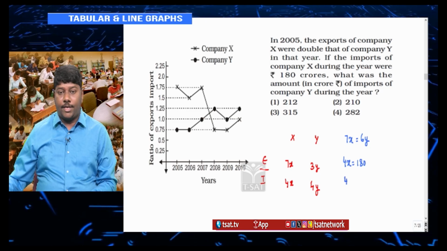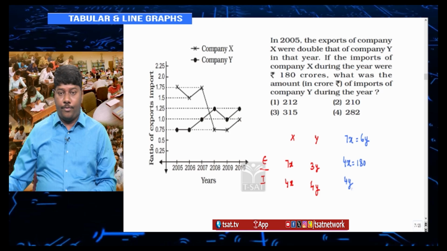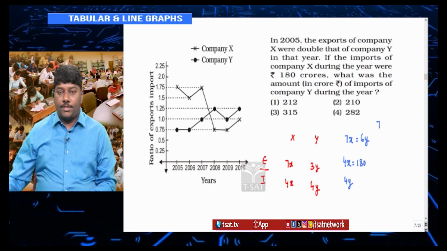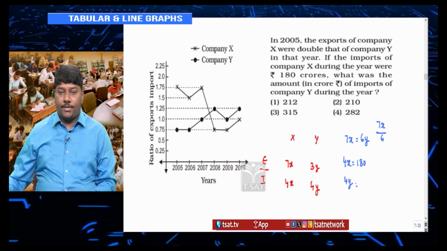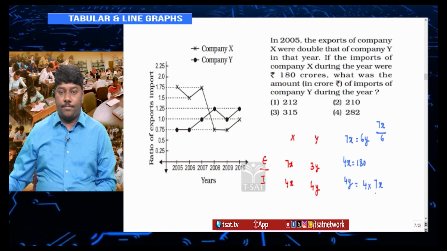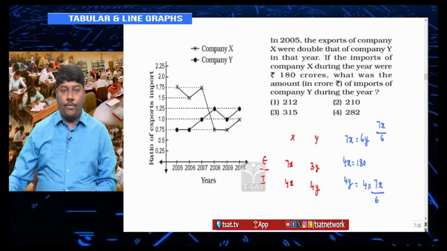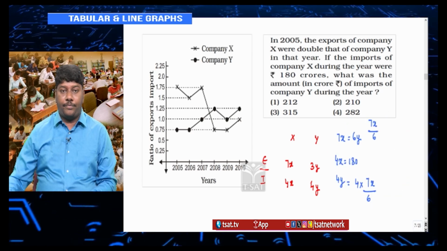So 4y he is asking you, right. First of all, what is y in terms of x? It is 7x by 6. So I will take it as 4 into 7x by 6, which means 7 by 6 of 4x I can say.